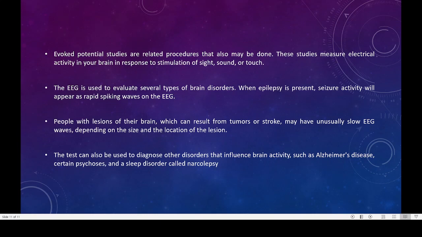There is a disorder called epilepsy. Epilepsy in Malayalam we call abasmaram, otherwise known as chudali. These are the two terms used in Malayalam. If epilepsy is present, then this seizure activity will appear as rapid spiking waves on the EEG.